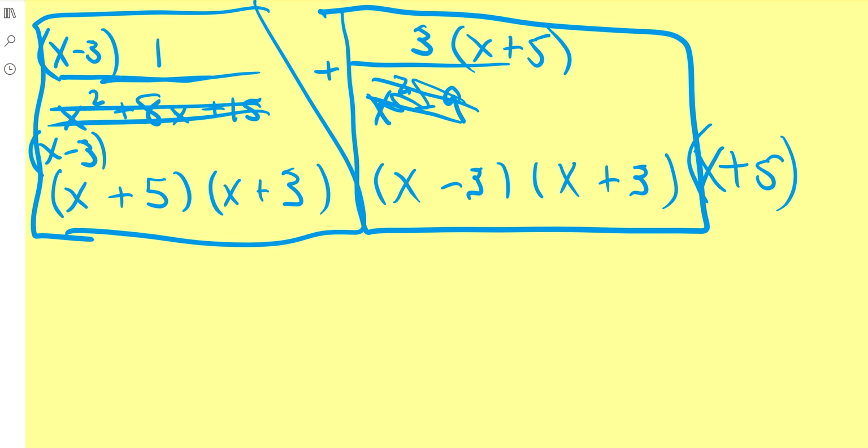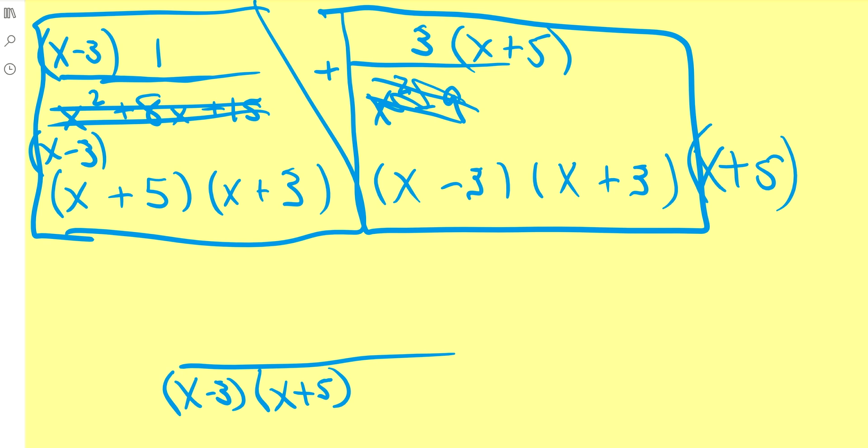I have decided that I have a x minus 3 times an x plus 5, this can be written in any order, times x plus 3. This is my denominator now because they are the same.